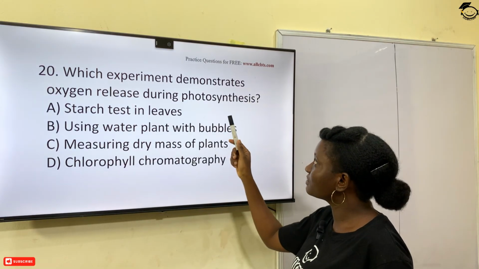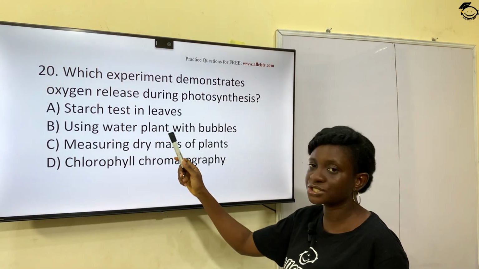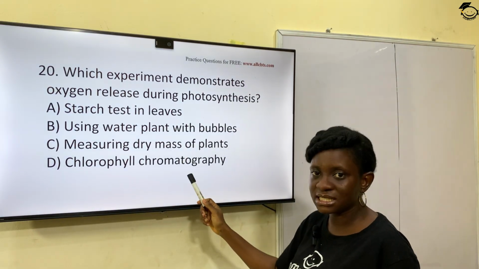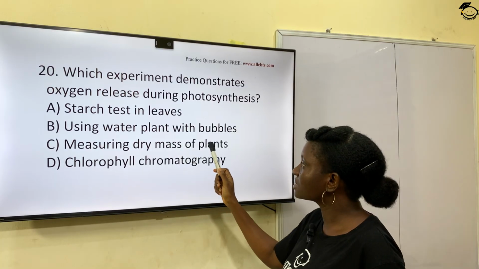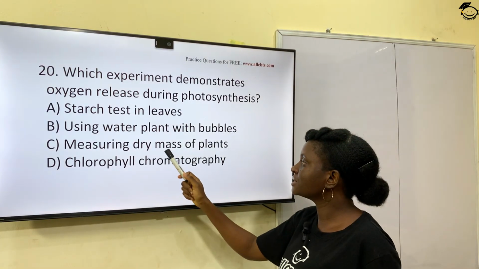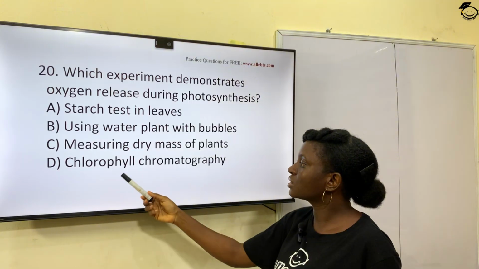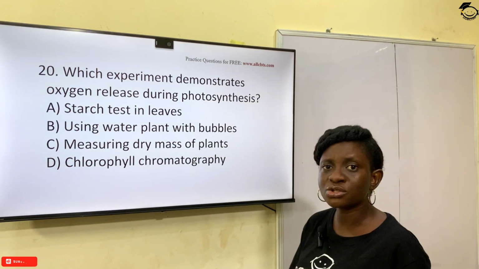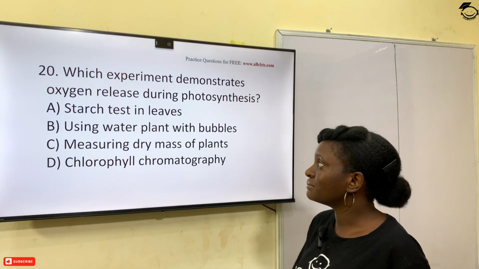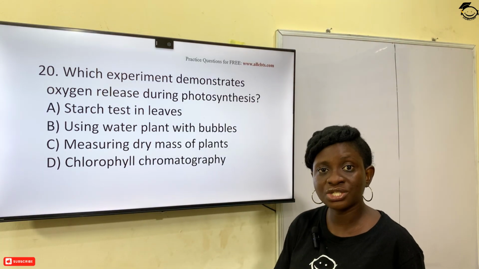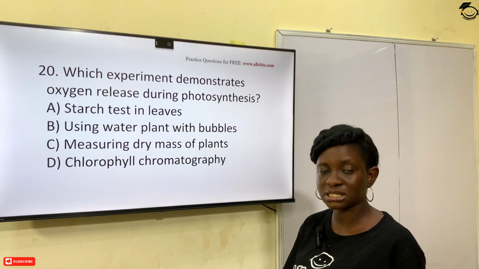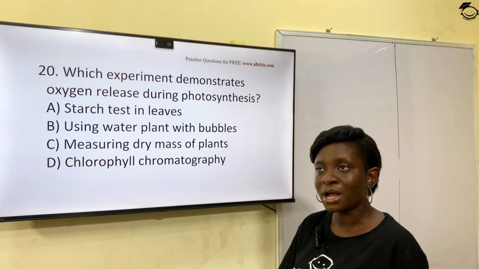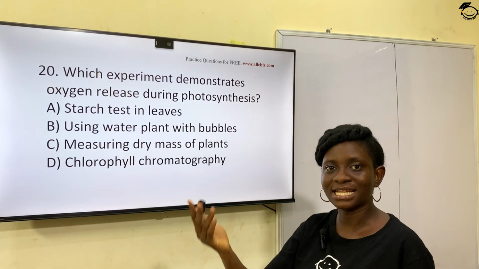20. Which experiment demonstrates oxygen release during photosynthesis? A. Starch testing leaves. B. Using water plants with bubbles. C. Measuring dry mass of plants. D. Chlorophyll chromatography. To perform an experiment to know whether oxygen is released during photosynthesis, all you need to do is get a water plant in a water bowl and place it under direct sunlight.